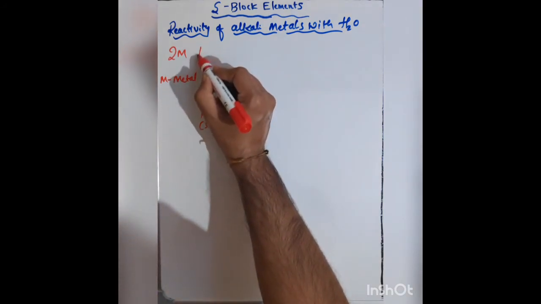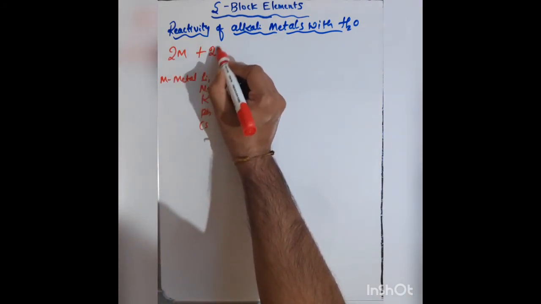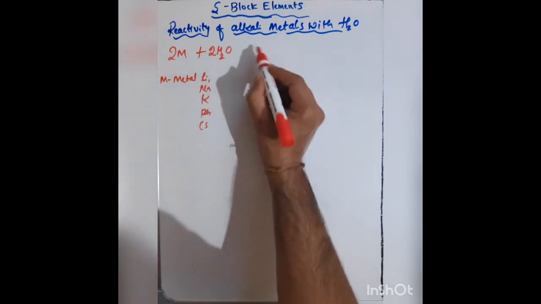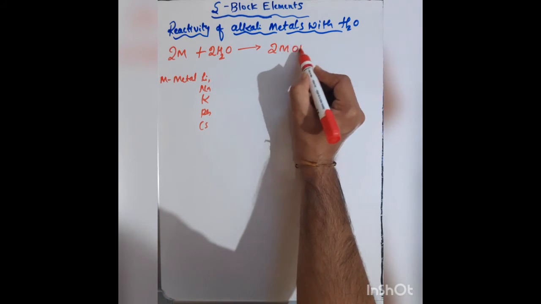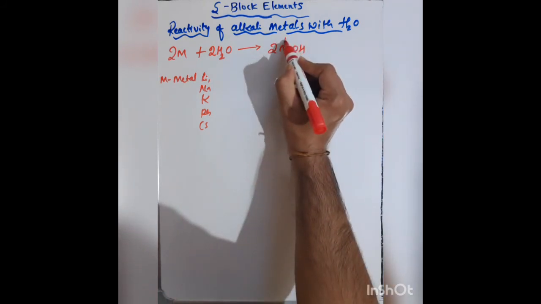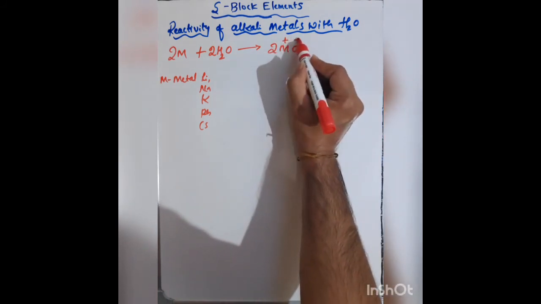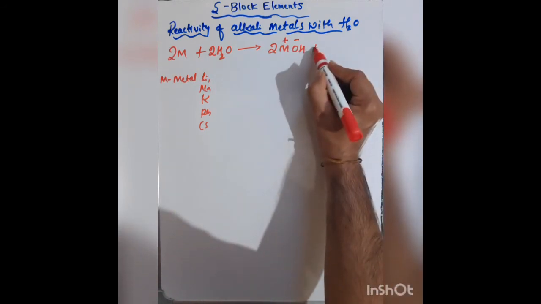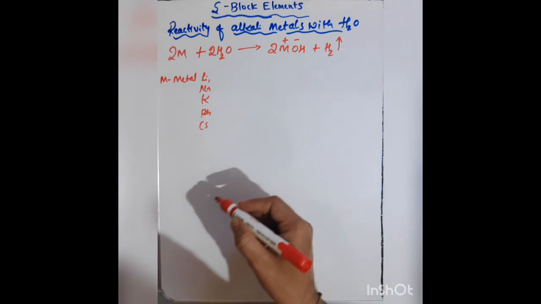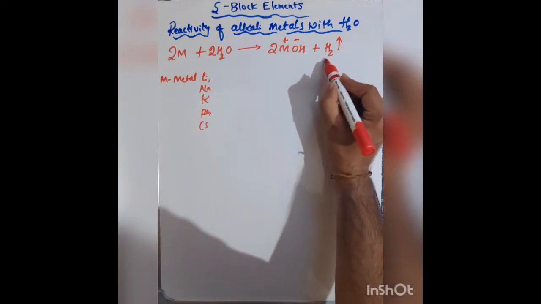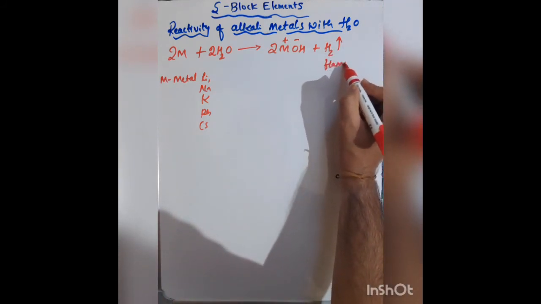So 2 moles of metal will react with 2 moles of water, forming 2MOH, where the metal has a plus charge and OH has a minus charge, and along with this hydrogen gas is liberated. This hydrogen gas is highly flammable.